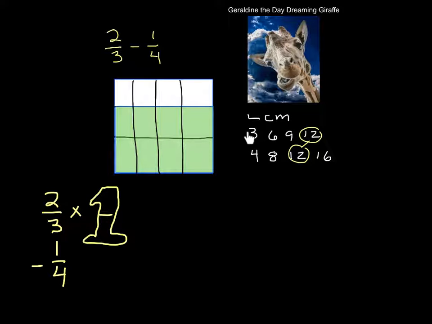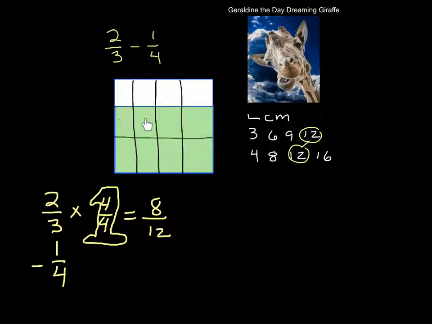Now watch what happens here. I'm going to multiply it by 1, 2, 3, 4. So I'll multiply this by 4 over 4, and that will give me a new fraction, and 2 times 4 is going to give me 8. So I'm going to have 8 here, and then here 3 times 4 will give me 12. Now watch how cool this is.